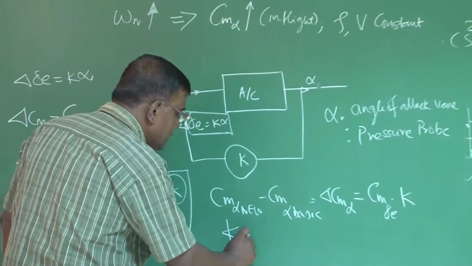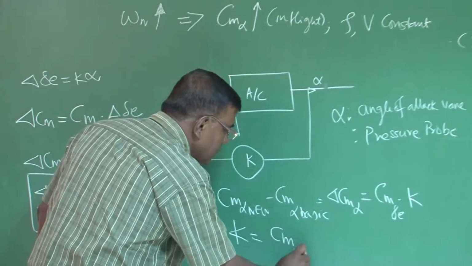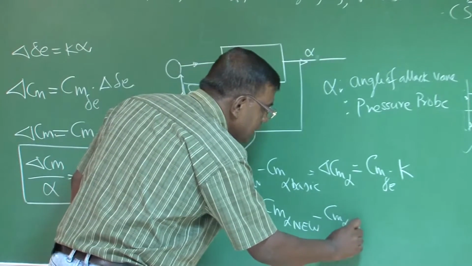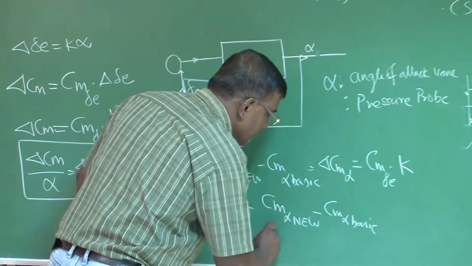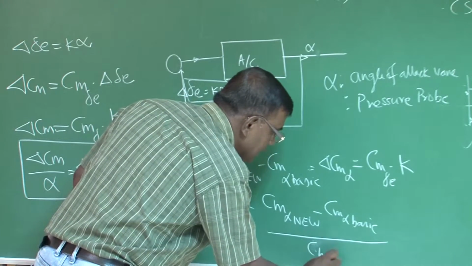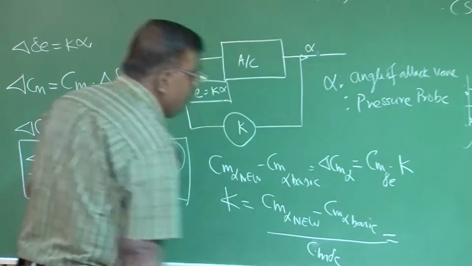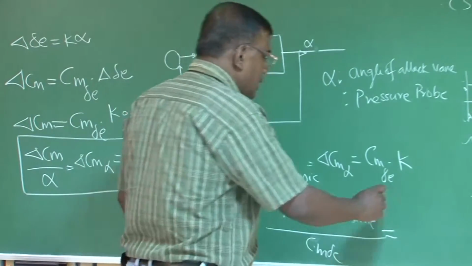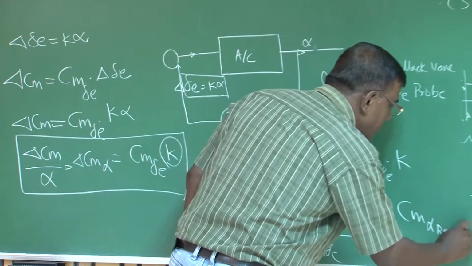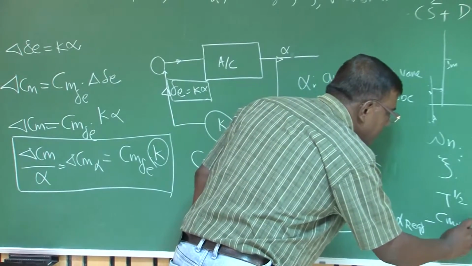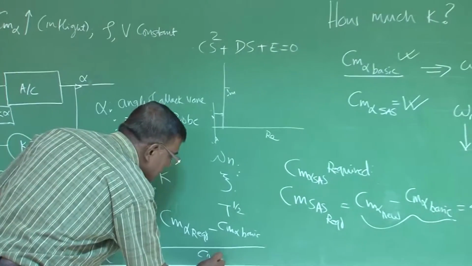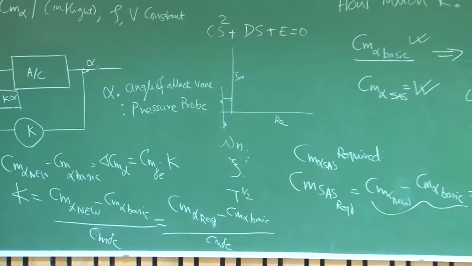K becomes Cm alpha new minus Cm alpha basic divided by Cm delta E. And in the textbook you will find this is also written as Cm alpha required minus Cm alpha basic divided by Cm delta E. That gives the value of K.